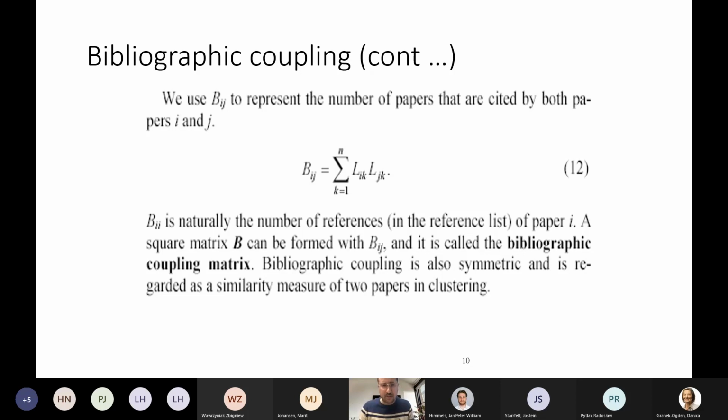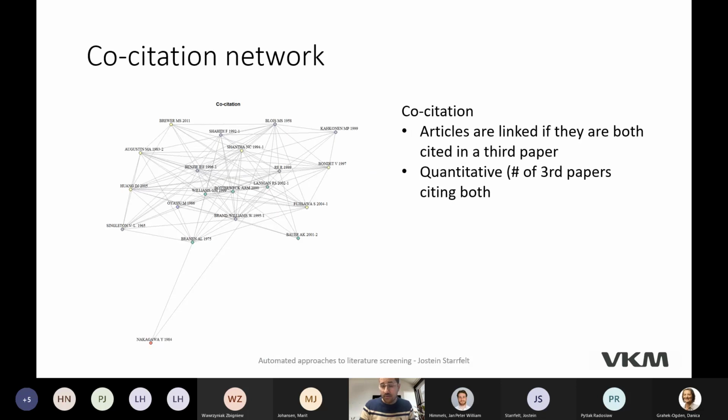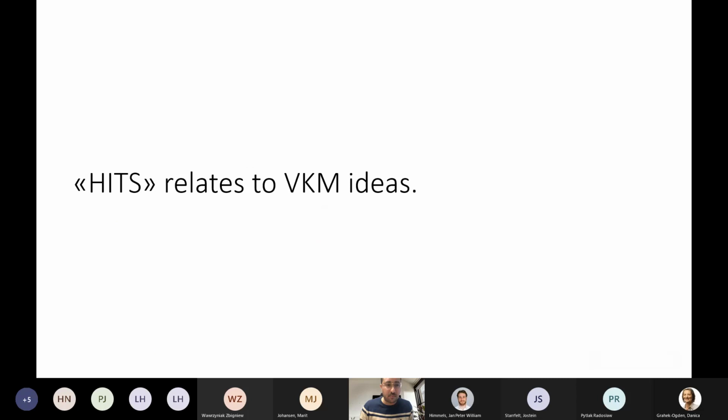I found this interesting because when I looked at Jostein's slide, he spoke about coupling as a measure of importance, or similarity. At least, the number of shared references between 2 articles is a measure of their similarity. Co-citation is another measure of similarity between articles, because it's the number of third articles citing both of them.